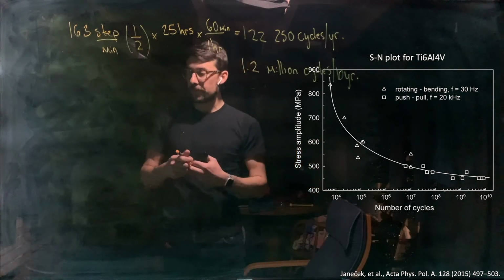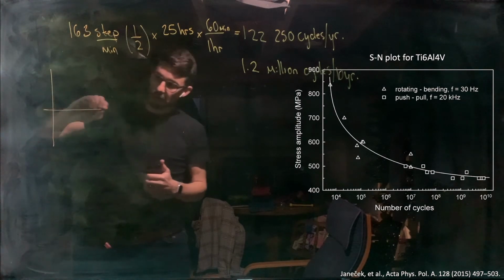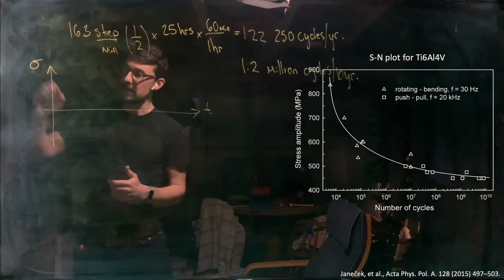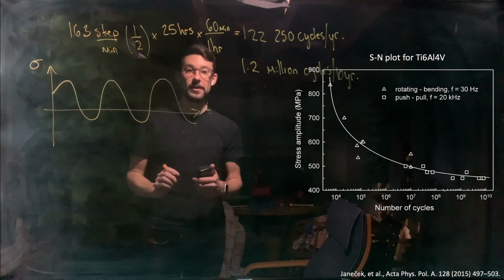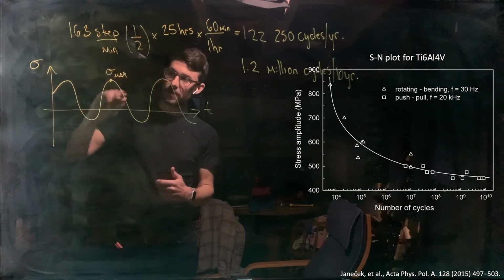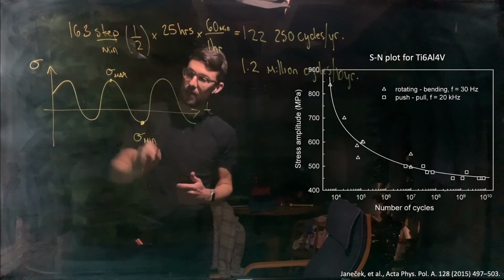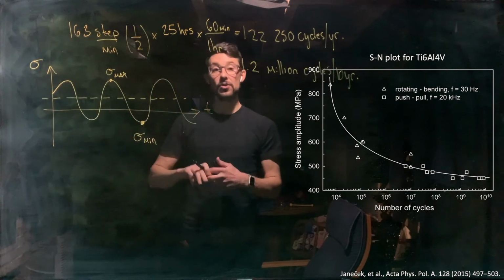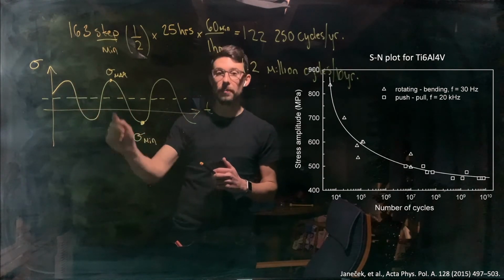And loading for these experiments is generally done in a regime that's typically like this, where you've got time on this axis and stress on this axis, and you have some sort of sinusoidally varying stress, where you've got a maximum stress up here that's maybe tensile, and a minimum stress down here that's maybe a compressive stress, and some sort of average stress here. So you take a material and put it through this cyclic loading, applying tension, compression, tension, compression.